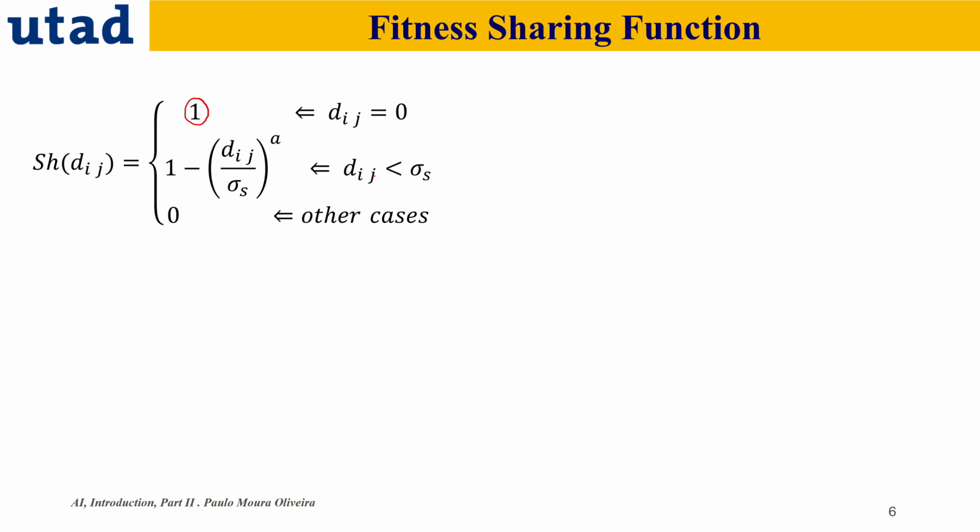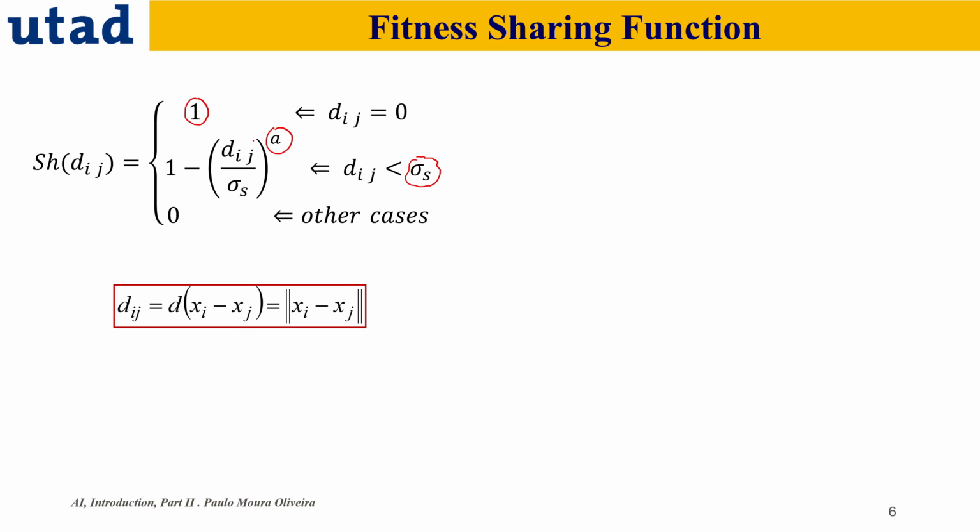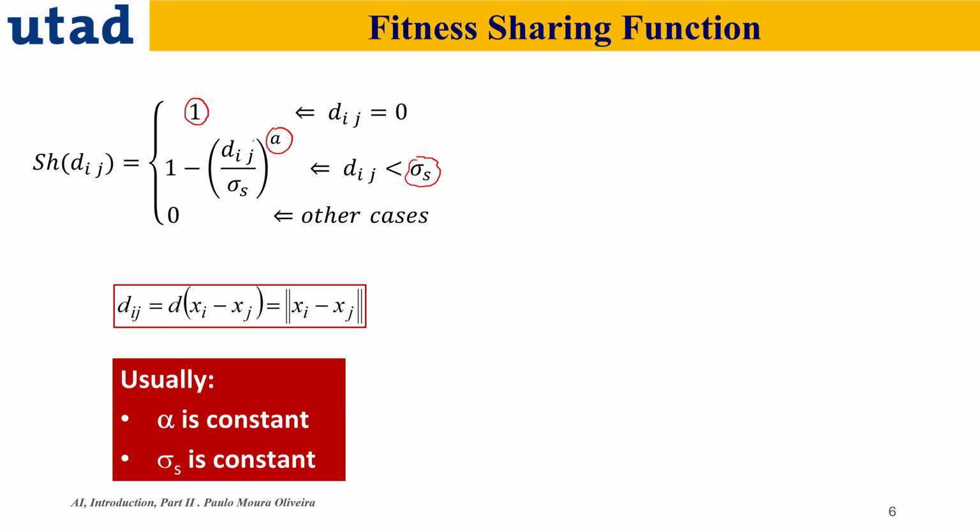If they are within a radius, which is this sigma s, the sigma from sharing, there is a formula where the distance between the elements is divided by the sharing radius, and there is a constant here, alpha. Usually, the distance can be a Euclidean distance between the two elements, and alpha is a constant, and also the radius is a constant.